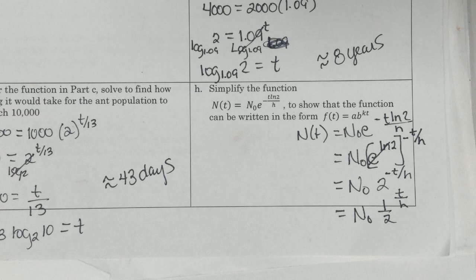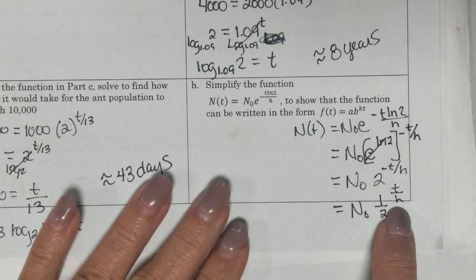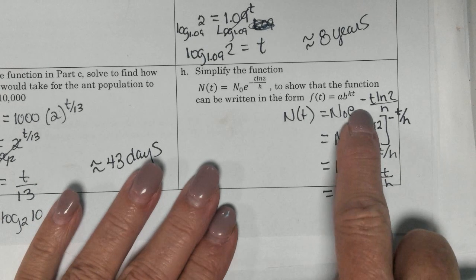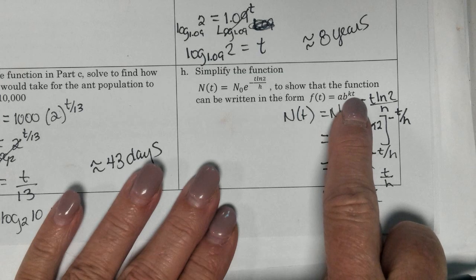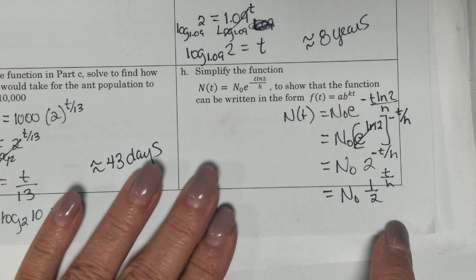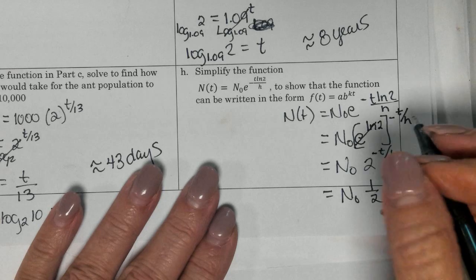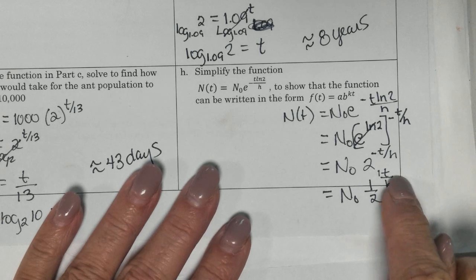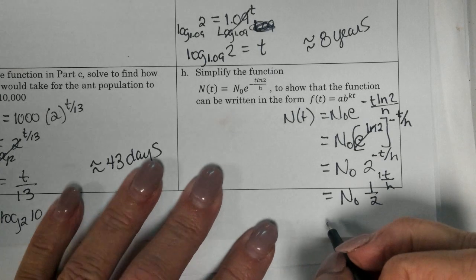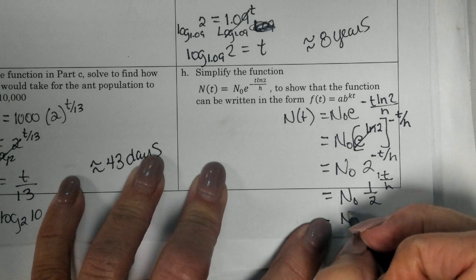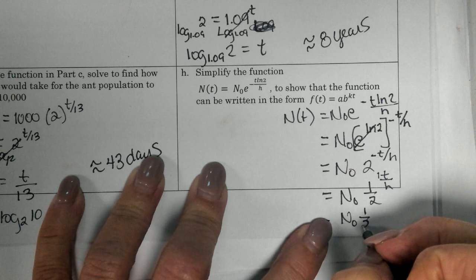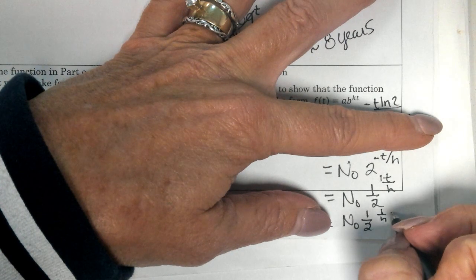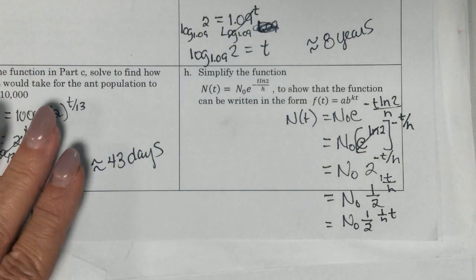Now, t divided by h, if we want to write that in the form of kt, k is actually just 1 over h, and time is t. So this is N sub 0 times 1/2 to the 1 over h times t.